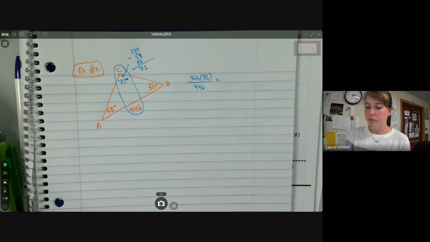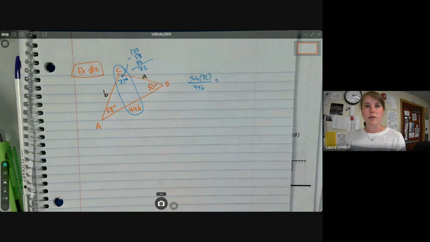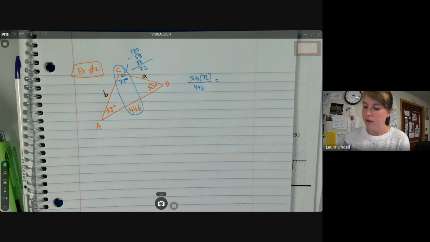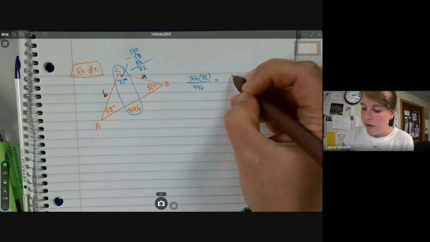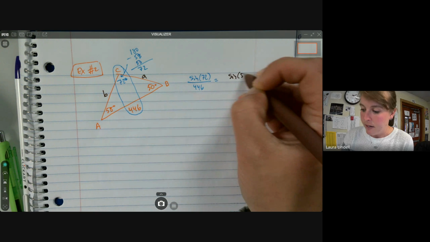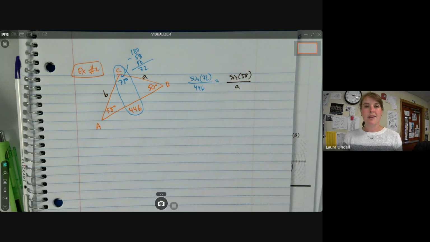The two sides that we're missing would be B and A. So those are the two that we're going to be solving for. So when I set up this direction, we're going to be going sine of 58 over A. And then this one is solved the exact same way as the last one.